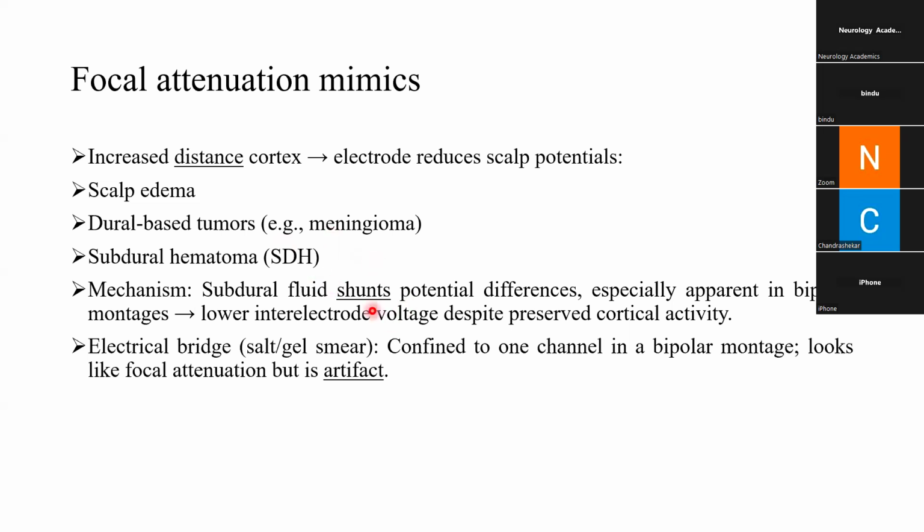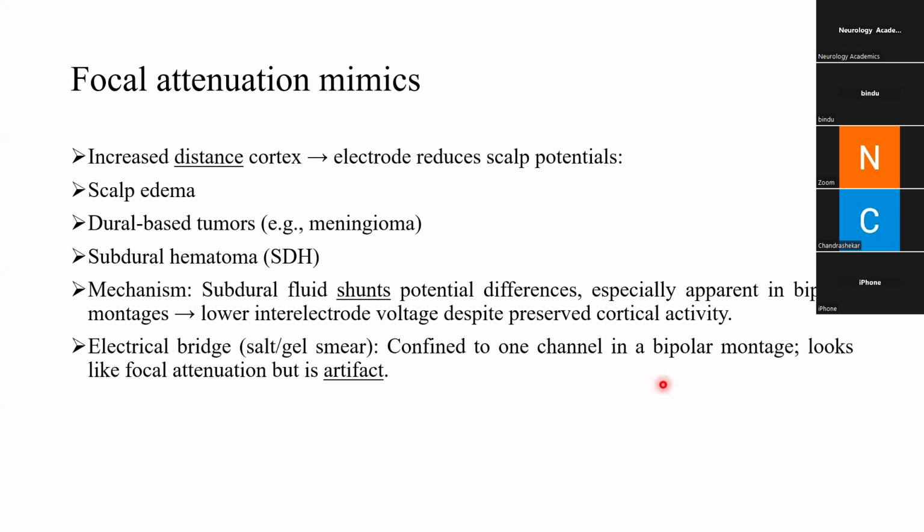In subdural hematoma, the collected subdural fluid shunts the potential differences, and this is more apparent in a bipolar montage. There is preserved cortical activity, only the inter-electrode voltage varies low. And the salt bridge or electrical bridge phenomenon that is confined to one channel is also seen better in a bipolar montage.